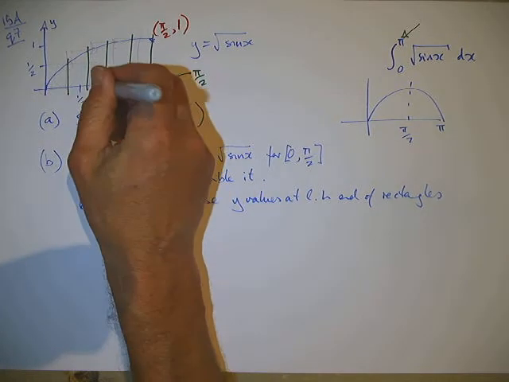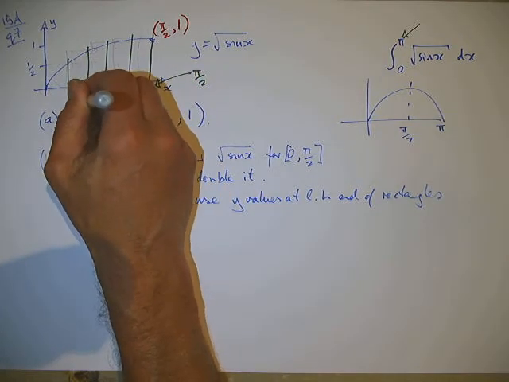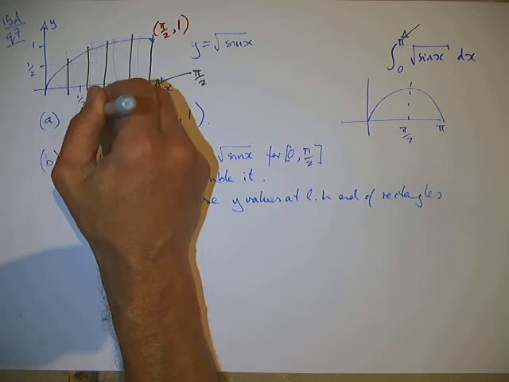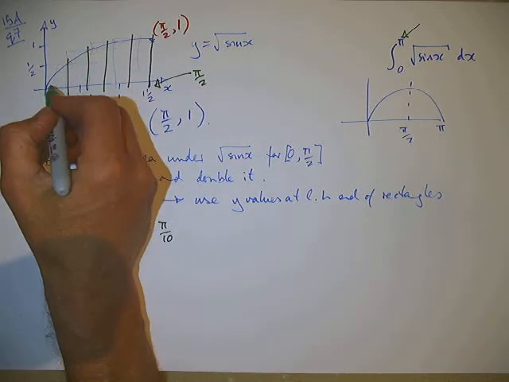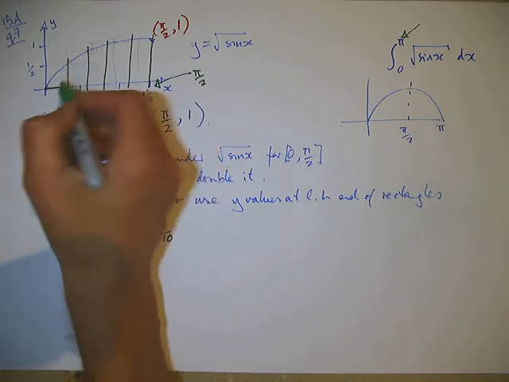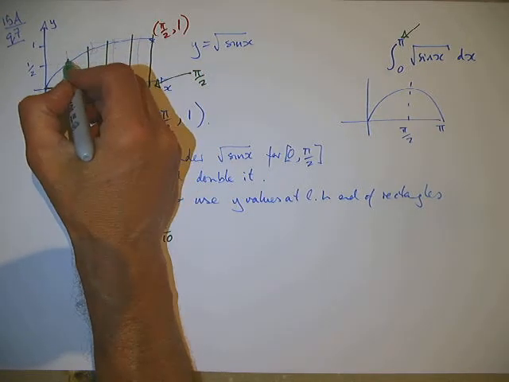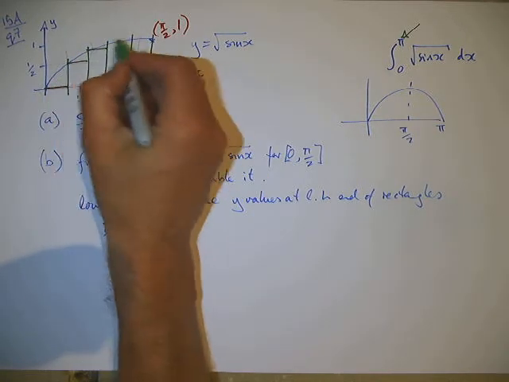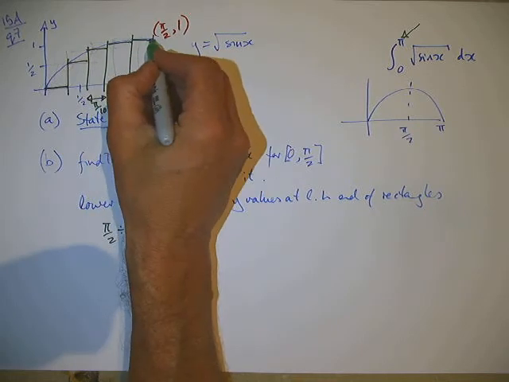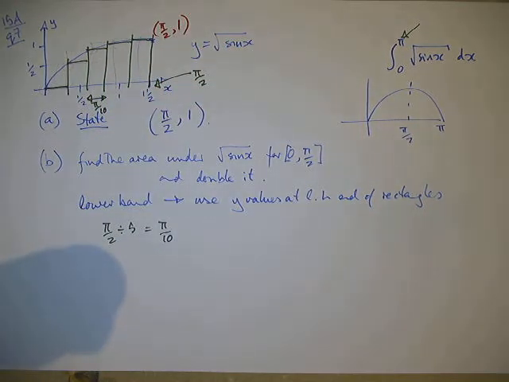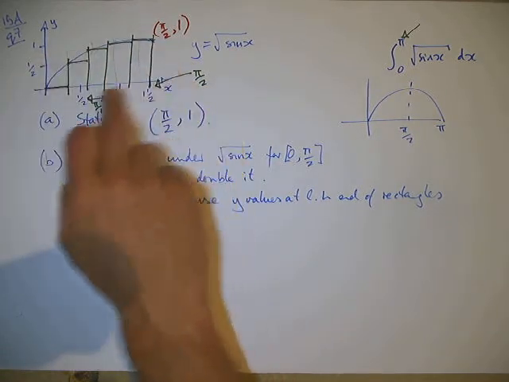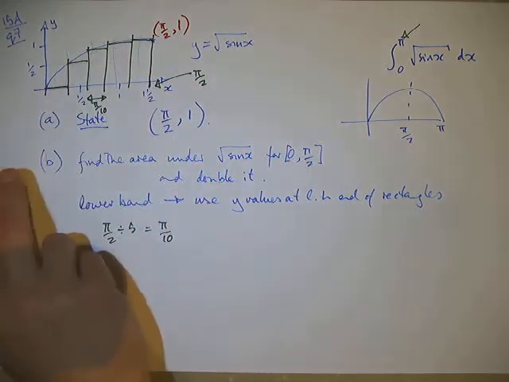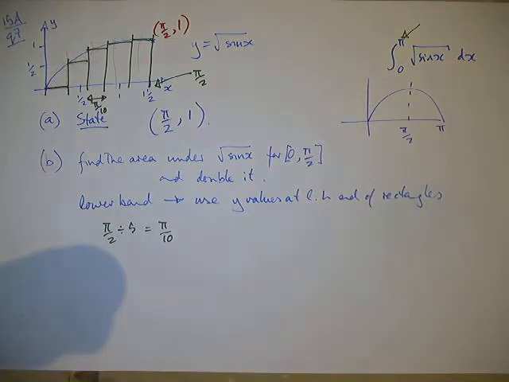If I split it into strips pi by 10 wide, I use the left hand value each time, I have that rectangle with no height, which is not a rectangle, that one, that one, that one, and that one. 4 rectangles to estimate that area, which I'm going to double to get that area.